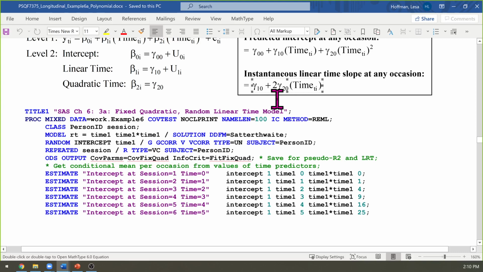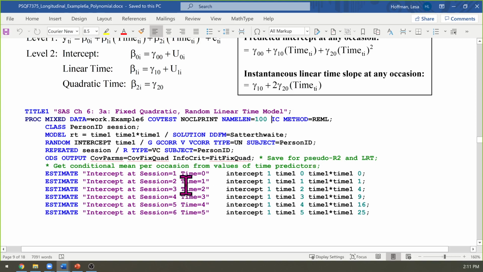Twice the quadratic fixed effect, the fixed slope, is how the linear slope changes per unit time. So to get to what the linear slope would be at any occasion, we start with what it is at time 0, which is what the fixed linear slope is telling us, and we add to it the contribution of twice the quadratic slope coefficient as a function of which occasion we want the predicted linear slope for.